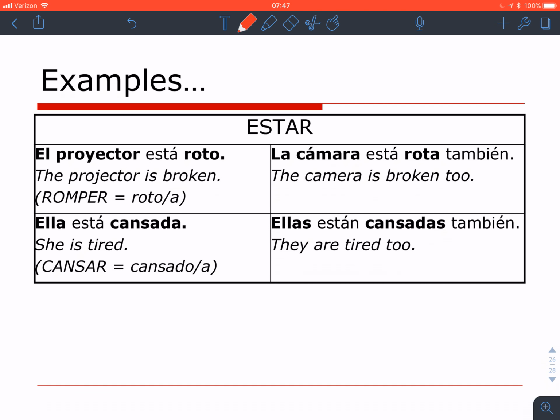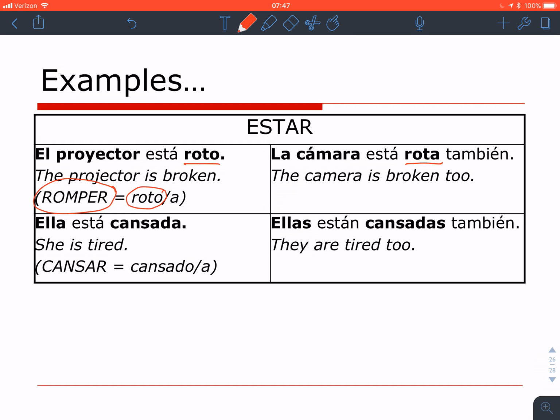So here we have el proyector está roto and la cámara está rota también. Roto is an irregular past participle for the verb romper. So if you were to look up romper and find the past participle for it, you're going to find roto.